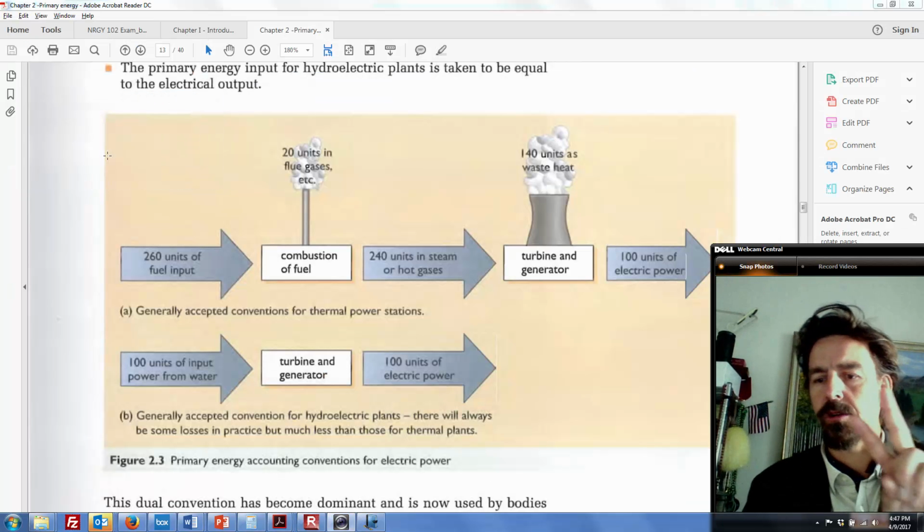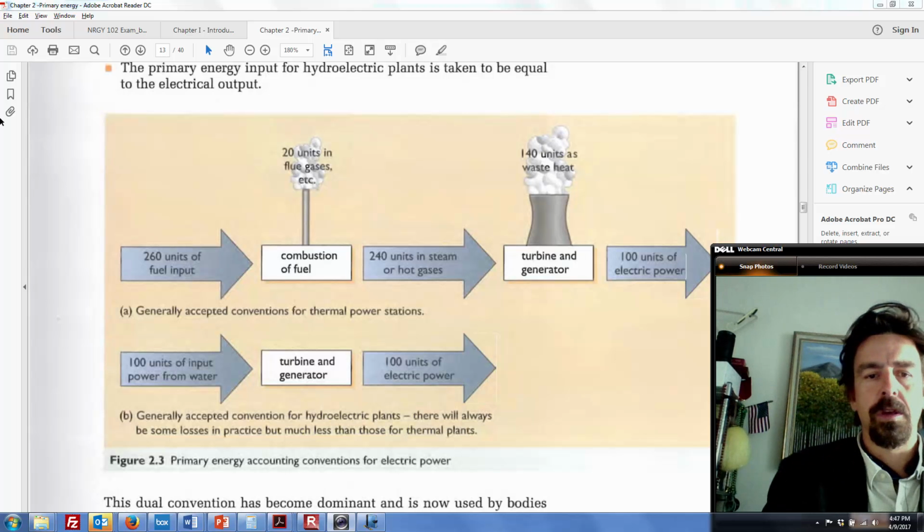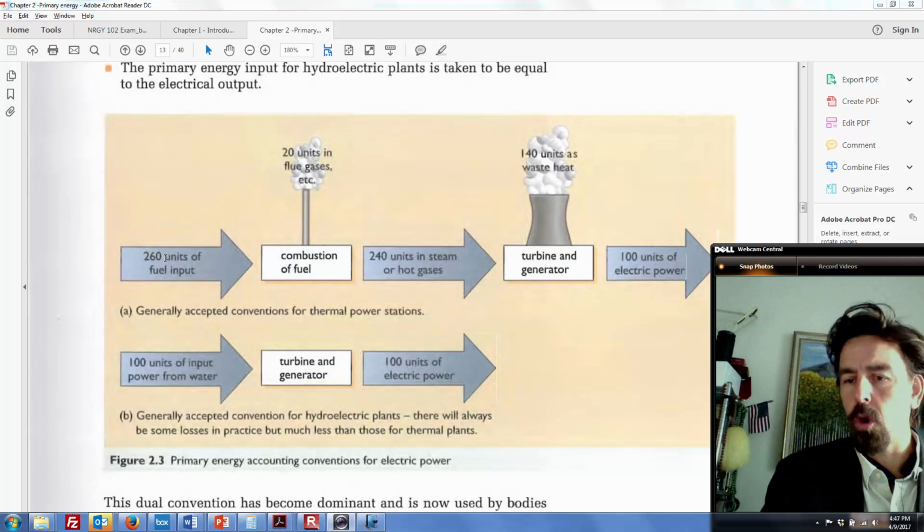Now I'm showing you Chapter 2 from the textbook. So if I have 260, this is coal coming in. A lot of it just goes as heat. Some of it then goes to steam, then it goes through a cycle, and only 100 comes out.